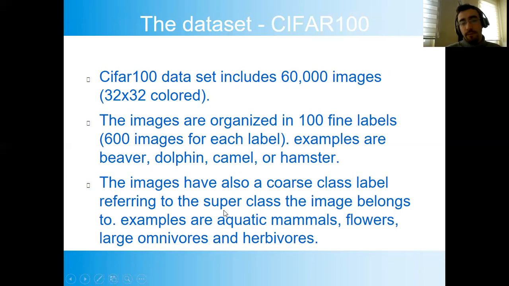So we can see some superclasses such as aquatic mammals, flowers, large omnivores, or herbivores. Mainly, we're going to be working on the fine labels for the models that I'm going to be showing today.